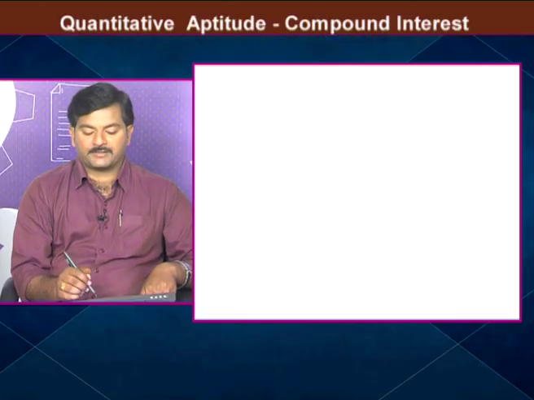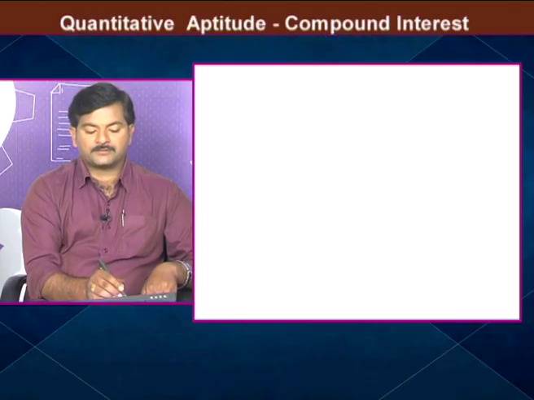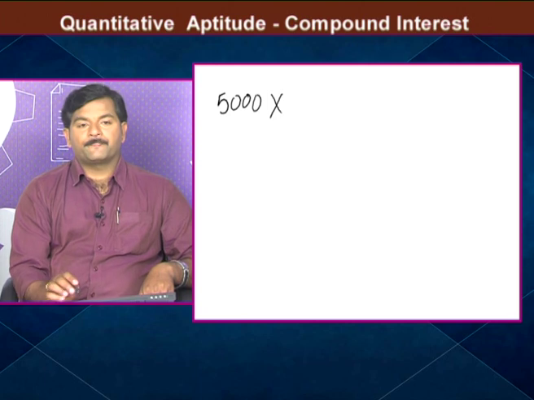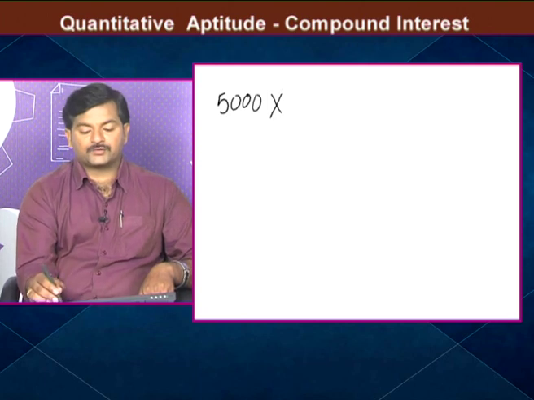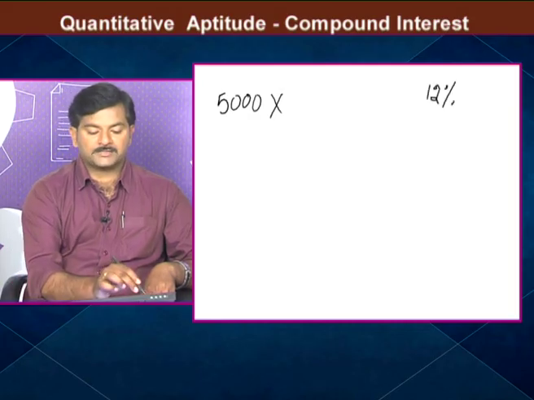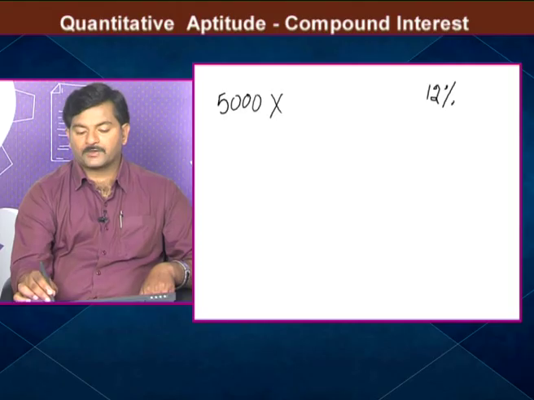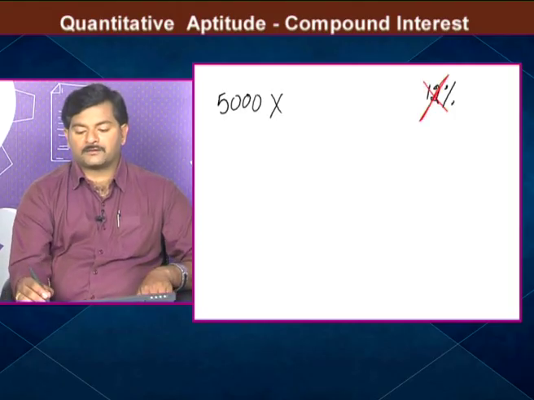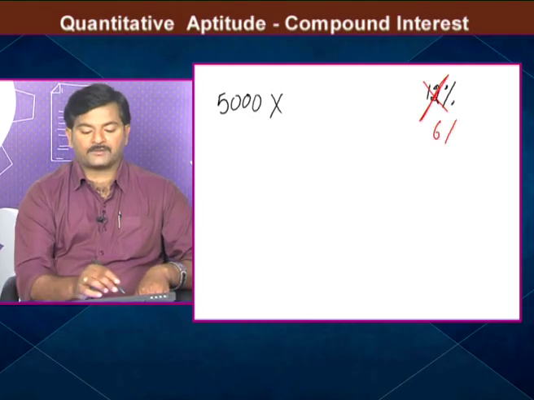Principal amount value given is 5,000 rupees. 5,000 into rate of interest. Here you should not take 12%, because I told you 12% is only for yearly, but he asked you to find for half yearly.